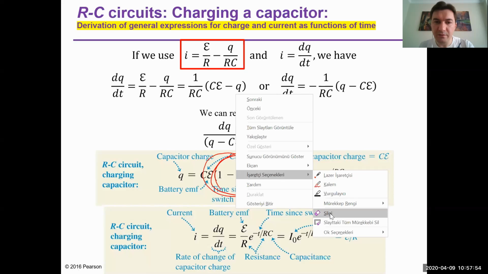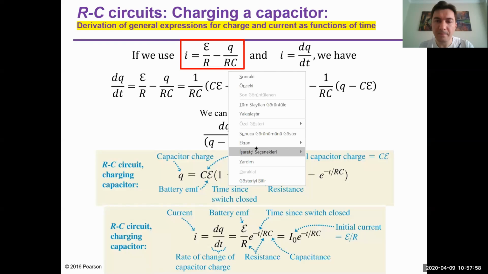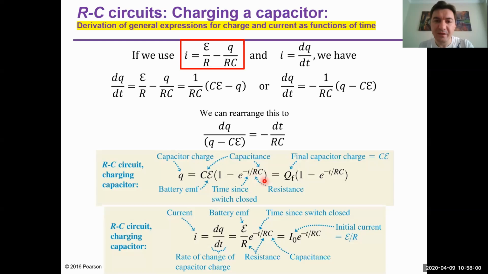Let me delete it. Okay, so what do you see here? This is Q, this is the capacitance constant, the EMF constant. Here we have the resistance constant. Here we have the capacitance constant. So all these parameters are constant within that expression.